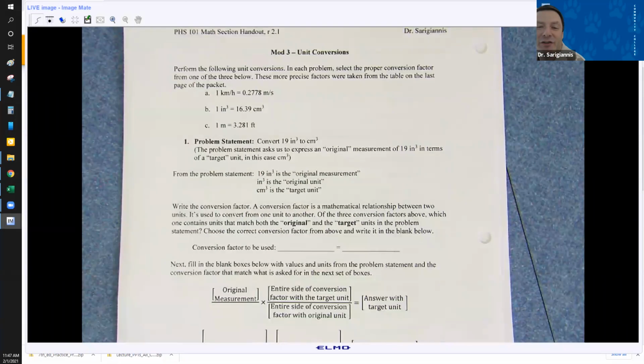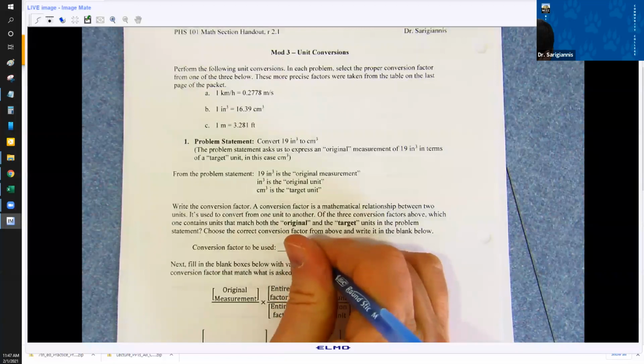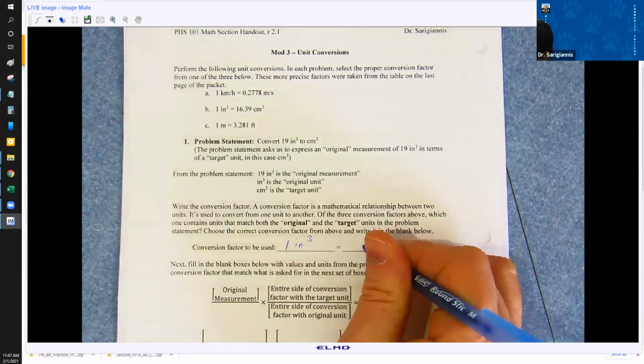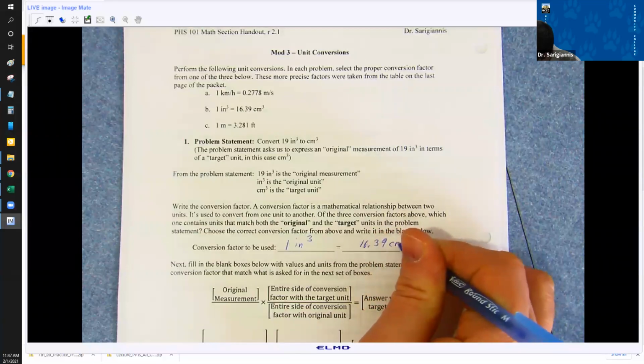The first one here is convert 19 cubic inches to cubic centimeters. The first thing we recognize is that our conversion factor is given: 1 cubic inch is 16.39 cubic centimeters. I'm going to write that here. 1 inch cubed is 16.39 cubic centimeters.